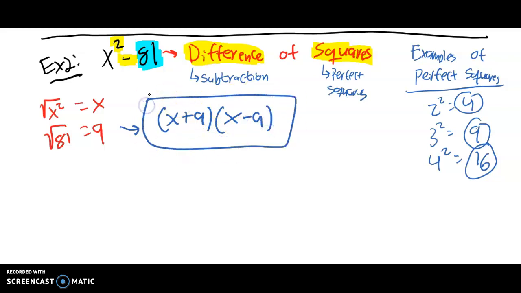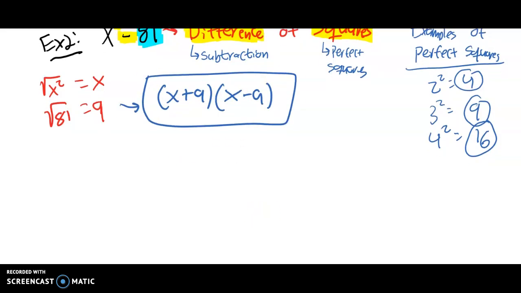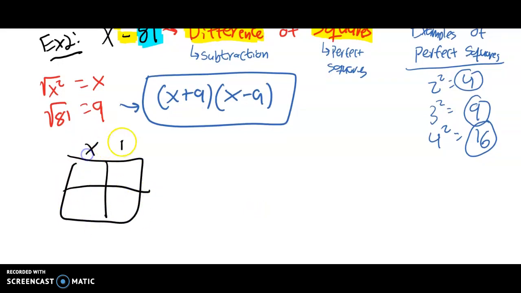Let me show you why this pattern works. If I multiply x plus 9 and x minus 9 back together, watch what happens. I have x squared, negative 9x, positive 9x, negative 81. These two terms cancel each other out.